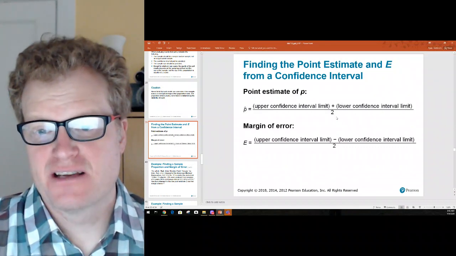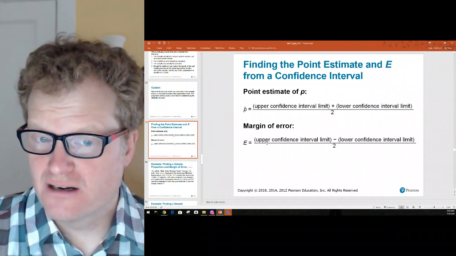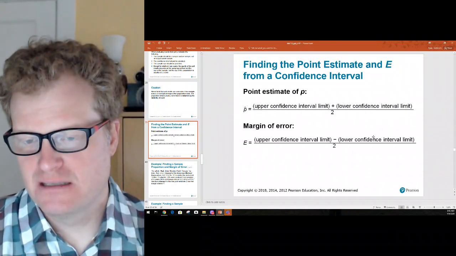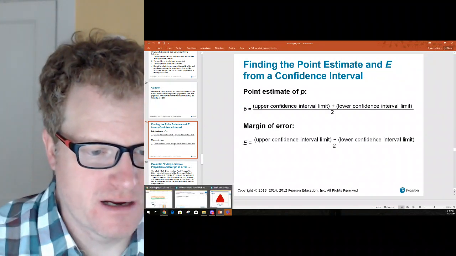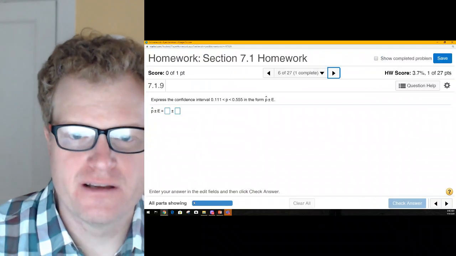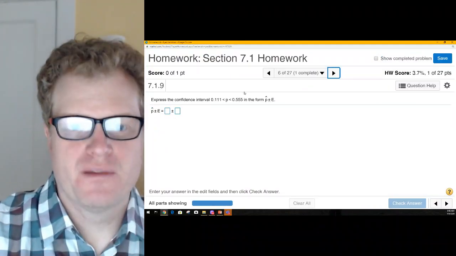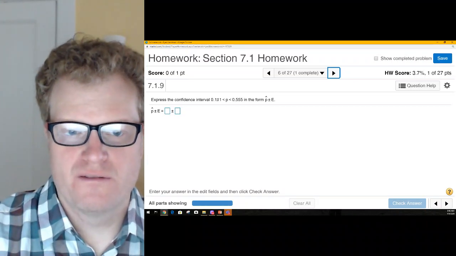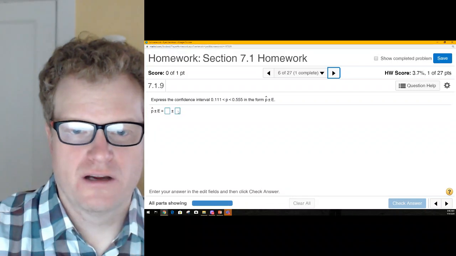That p hat is the arithmetic mean between the two. For our margin of error, we take the upper minus the lower, and then divide that by 2. I'm not going to bust out a calculator for this, but if you add these up and divide by 2, you get p hat, and if you subtract the smaller from the big one and divide by 2, you get your margin of error.